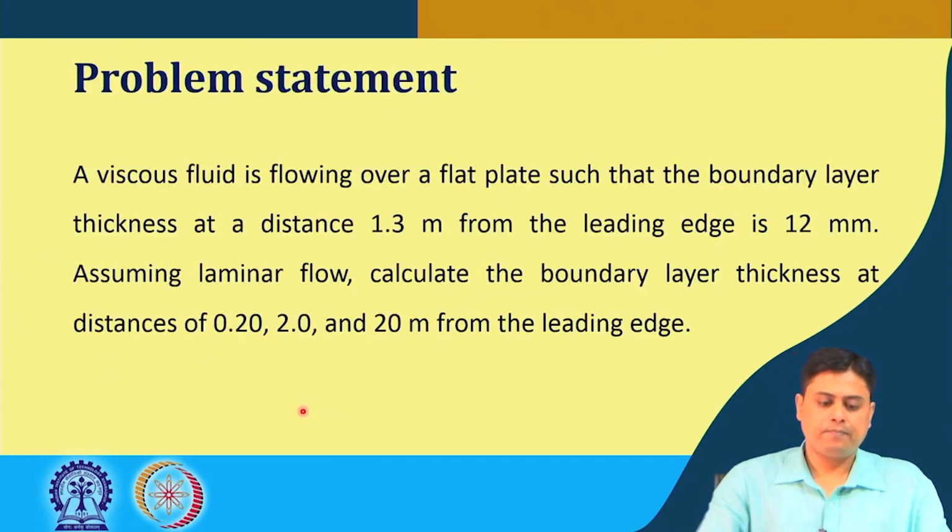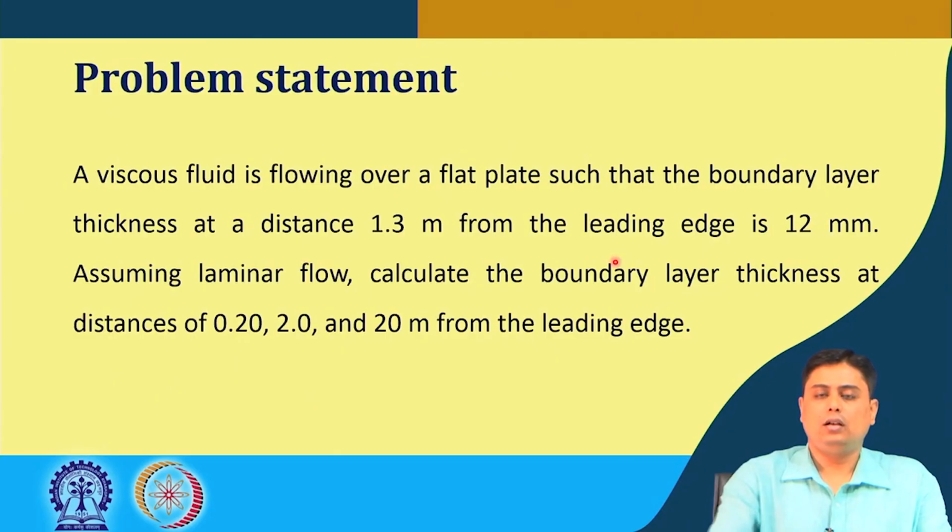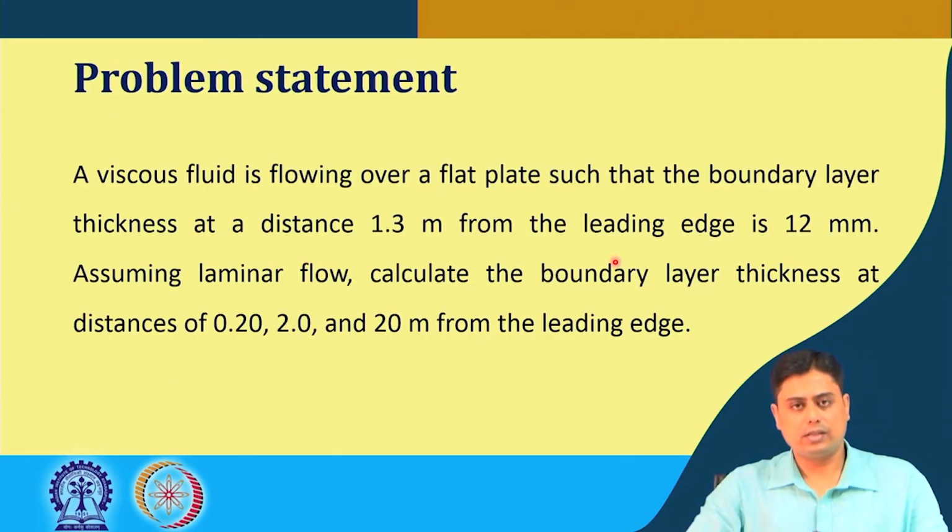So once again, we have just played with the concept that boundary layer thickness for laminar flow varies with the square root of x, even without knowing any particular correlation.